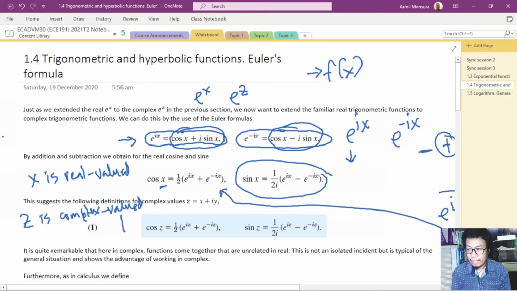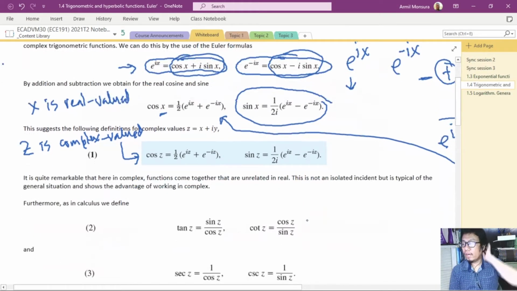Then we will have the following definitions: cosine of z is 1/2 of e raised to iz plus e raised to negative iz, and sine of z equals 1/2i times e raised to iz minus e raised to negative iz. Now, this establishes the relationship between trigonometric functions and exponential functions.